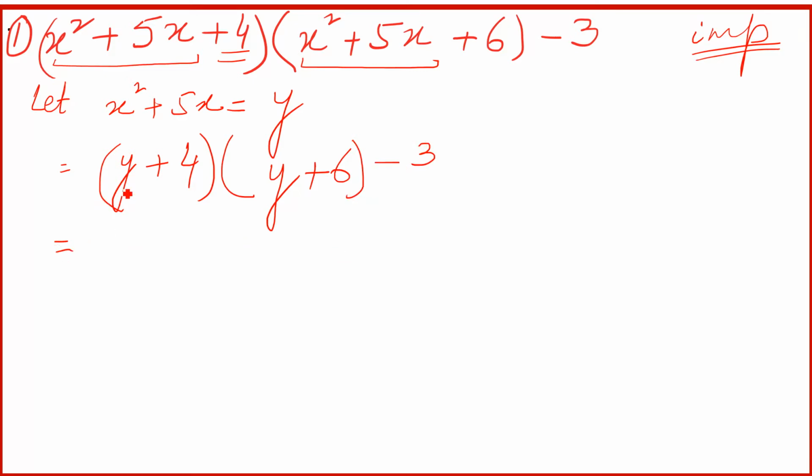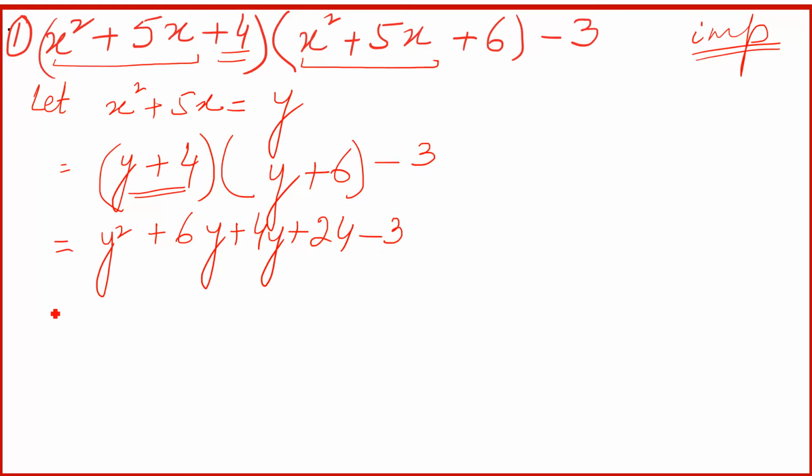Now we have to multiply. First we will multiply y with y + 6, and then we will multiply 4 with y + 6. So it will be y² + 6y + 4y + 24, and this negative 3 is still there.